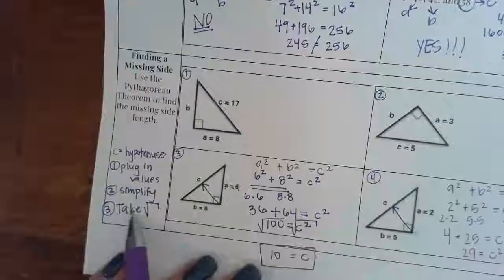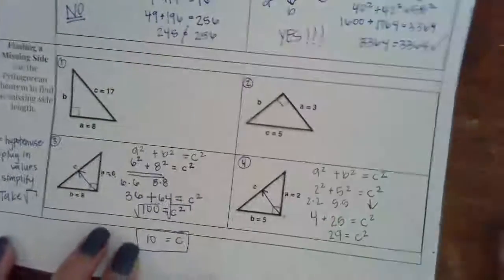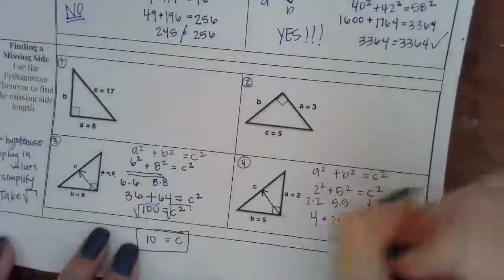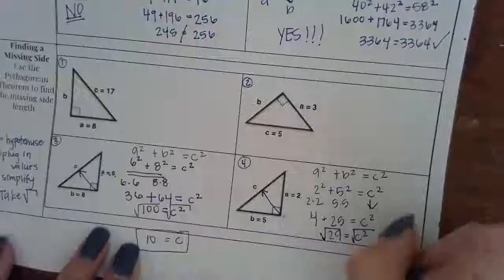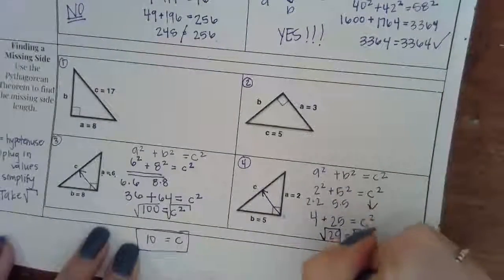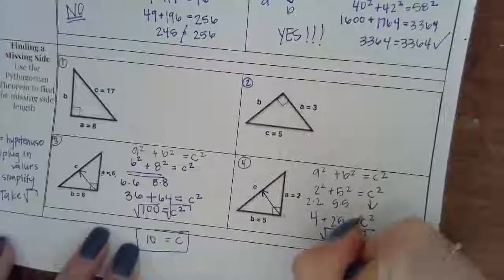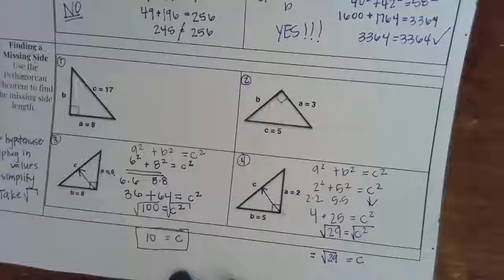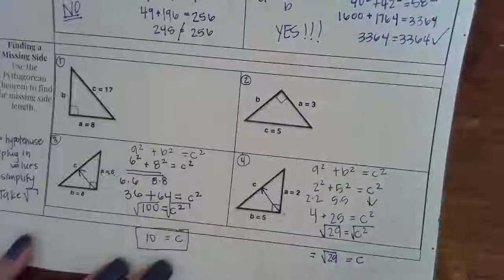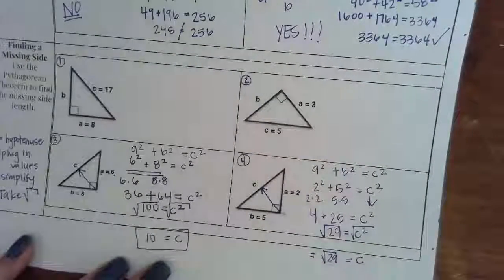What do we do next? What's our last step? To take that square root. So when I take the square root of c squared and I take the square root of 29, I get c is equal to the square root of 29, or if you want to put that in a decimal, you're going to have to use your calculator, and you will get that the square root of 29 is 5.385 some long decimal.